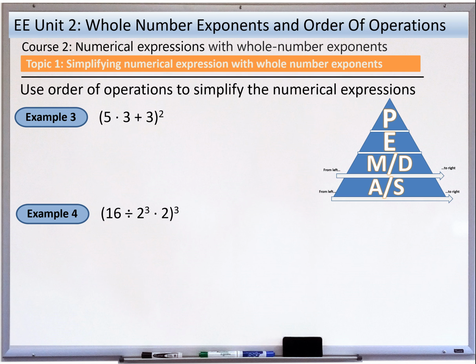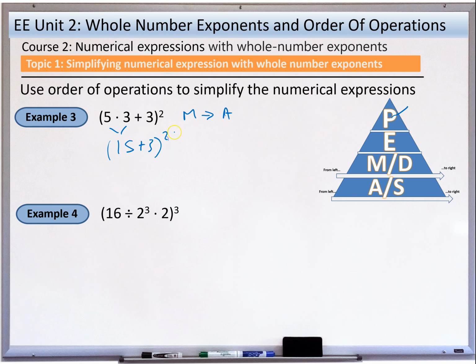All right, so let's get back to it again. We have a couple more examples. We have the quantity of 5 times 3 plus 3. Take that entire thing and square it. So I have to do everything inside the parentheses first. And inside the parentheses, we have multiplication and addition. So we're going to do multiplication first, and then we're going to add. So let's take 5 times 3, which is 15, plus 3.